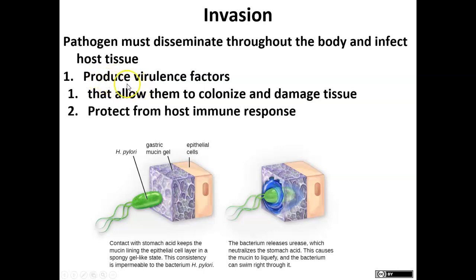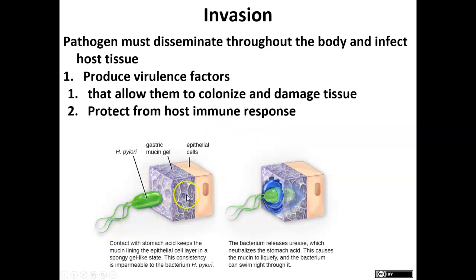Some of them do this by using virulence factors. These virulence factors allow them to colonize in damaged tissue. This not only allows them to colonize, so those virulence factors cause damage and help them to colonize, but it can also protect them from the host's immune system.